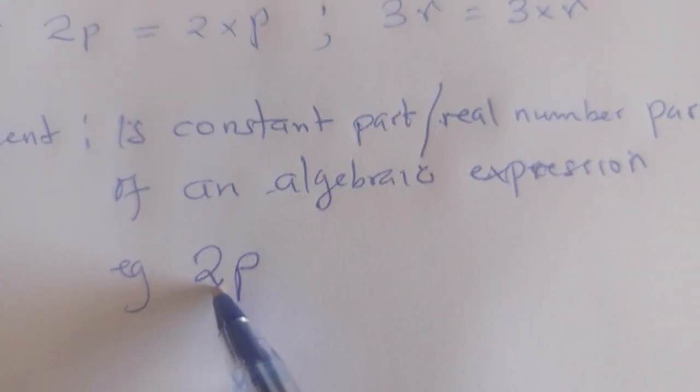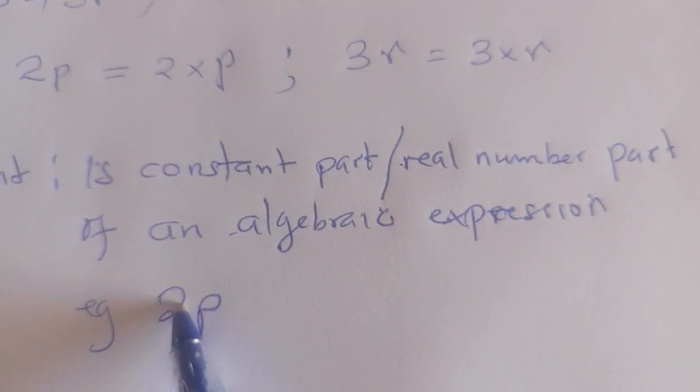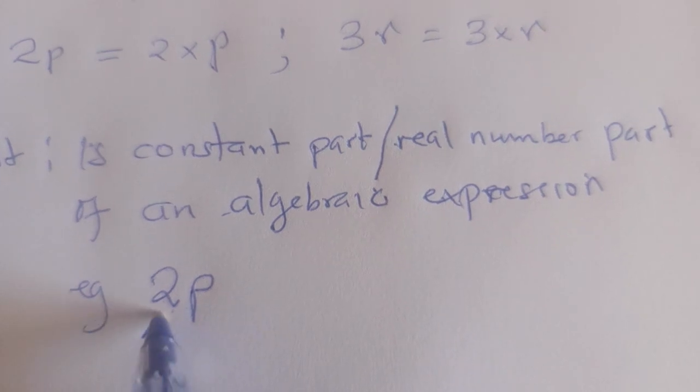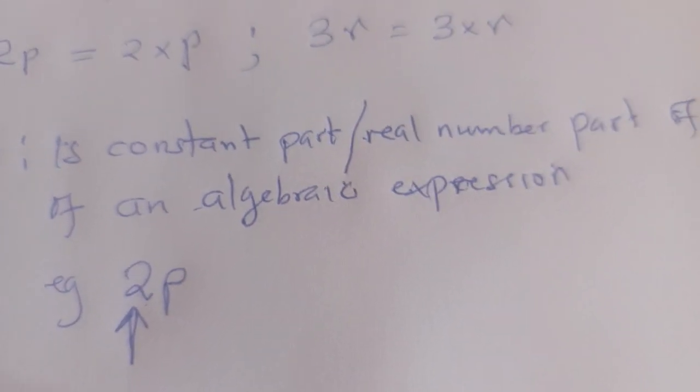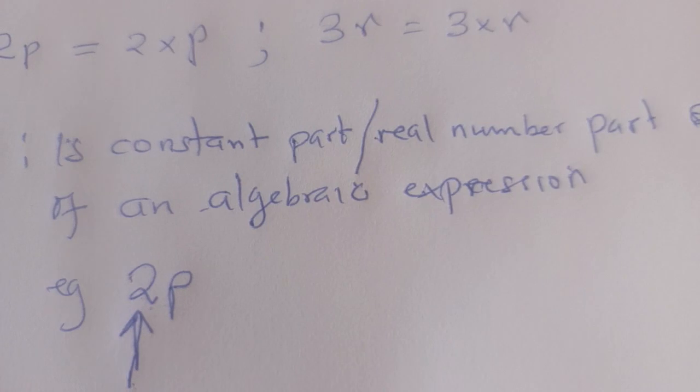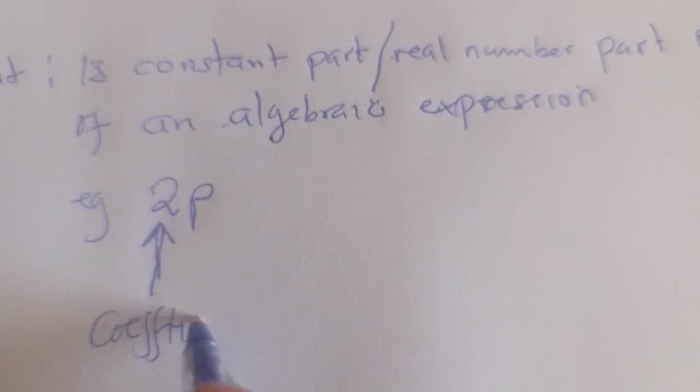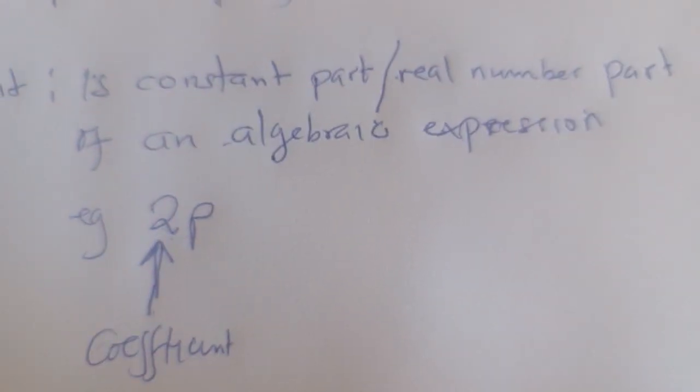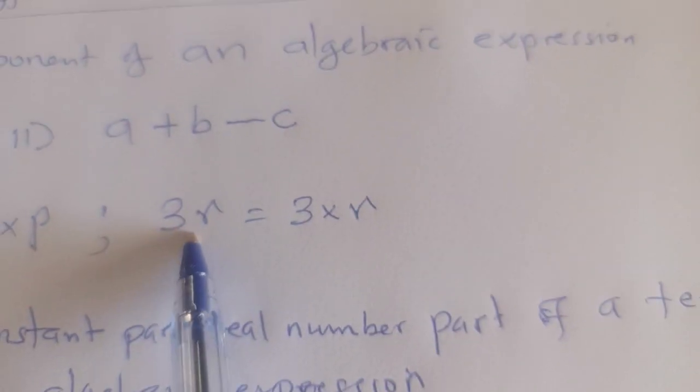So 2p here, the constant part is the 2. So this 2, the real number part. So 2 here is the coefficient. Okay, 2 is the coefficient. So when you talk of 3r, 3 is the coefficient.